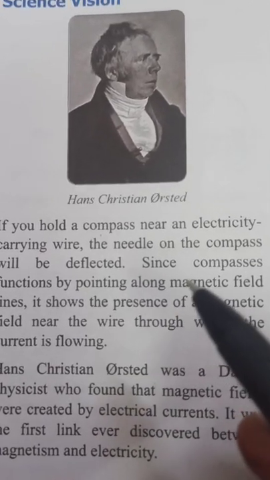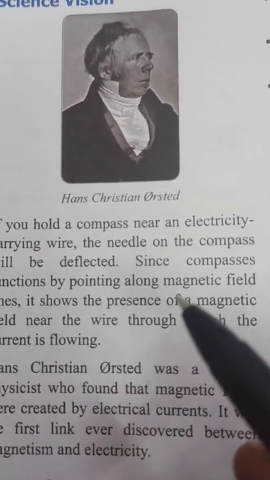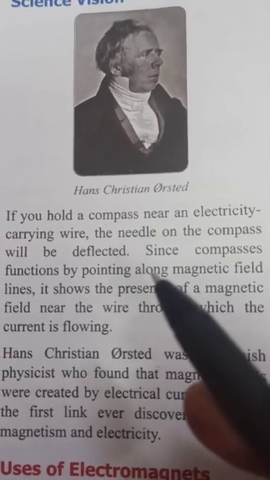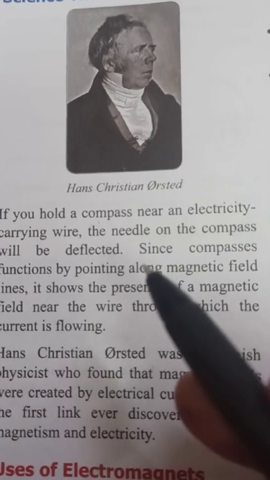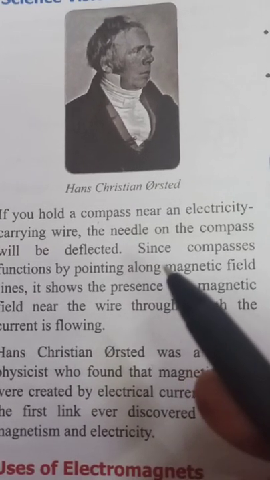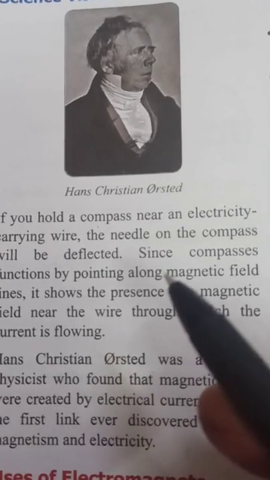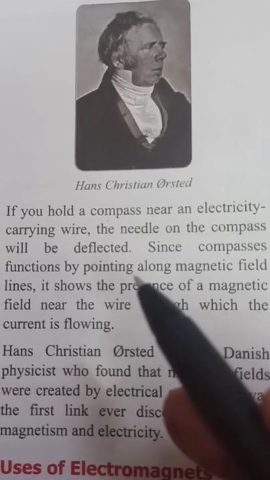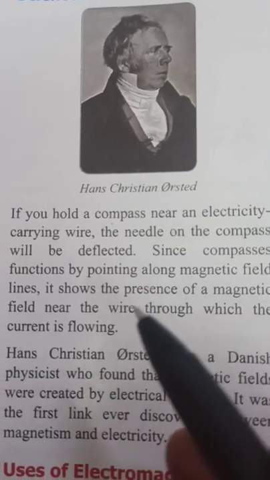From that deflection we can easily conclude that a current carrying wire behaves as a magnet, because a magnetic compass always deflects when we bring it near any magnet.